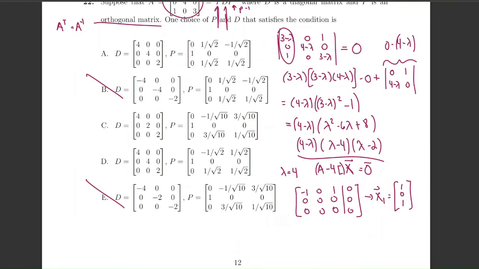Notice that we have this constraint, but we don't have a constraint on this second variable, so that could be anything. I know that lambda equals 4 is repeated, so I need to find 2 linearly independent eigenvectors corresponding to lambda equals 4, because it has an algebraic multiplicity of 2.